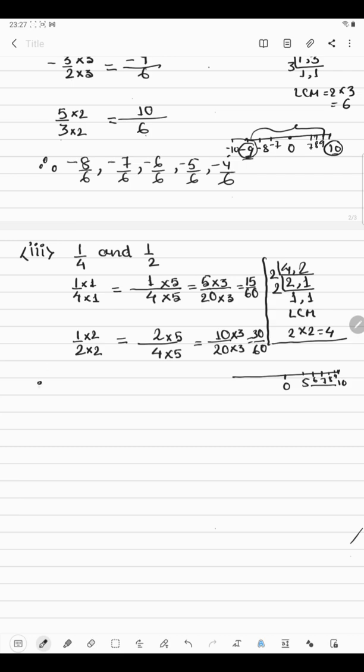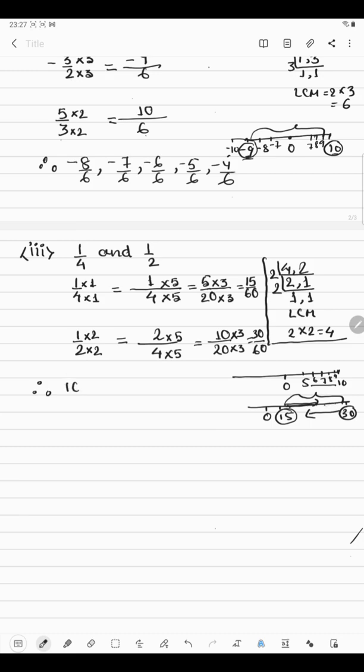So either we will start from 29, because suppose here is 15 and here is 30, so either we will start from here or we can start from here, but we cannot take these two numbers. Okay, we will take the numbers in between. So either we will start from here, we will go like this, 16, 17, 18, 19, 20 like this, or we can start from the end, 29, 28, 27, 26 like this.